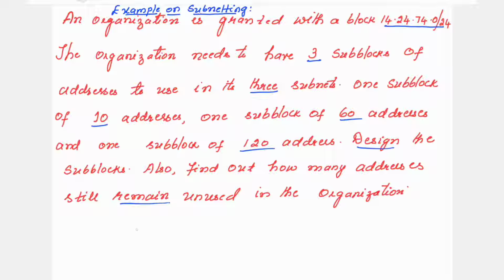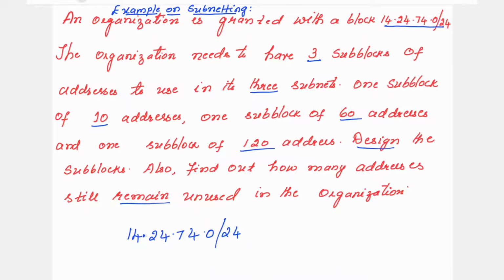Here one thing I want to make clear: subblock and subnetwork mean the same, and network and block mean the same. So an organization is granted a block of 14.24.74.0/24. When you use the words "is allocated with a block", what is it? A set of IP addresses.